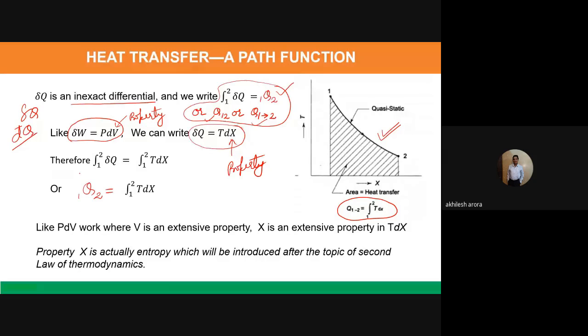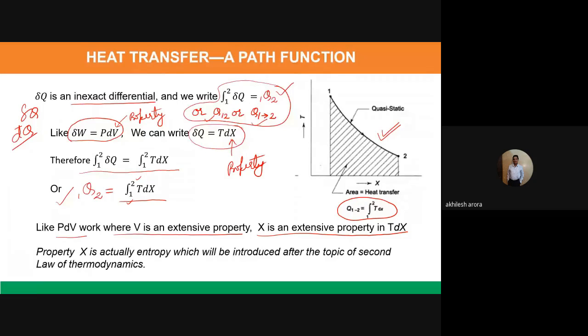When we integrate this particular equation for the process 1 to 2, we can say that Q1 to 2 is equal to integral of TdX for the process 1 to 2. Okay. Like PdV work, where V is an extensive property, X is also an extensive property in TdX.